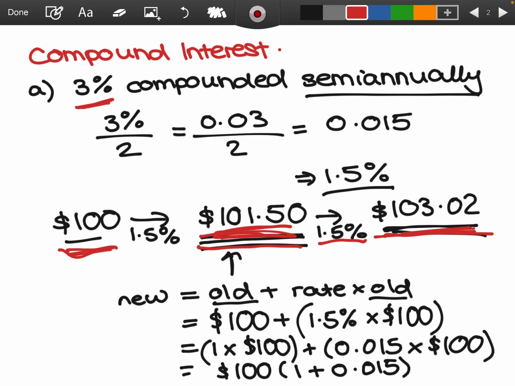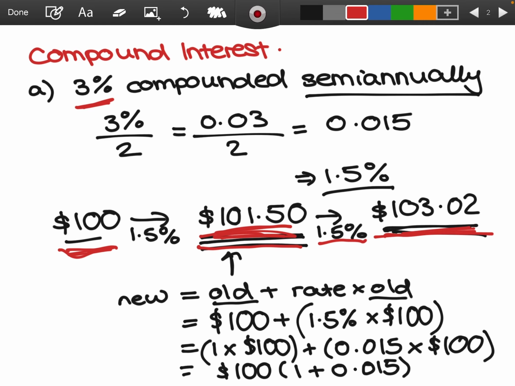Which isn't that 3%, but what is that as a simple interest rate? What is that equivalent to? Well, we can now see from this example, because we're using simple numbers, it's equivalent to about 3.02% simple interest rate, because that's how much I've accrued on $100. So it's easy to see with these round number examples.